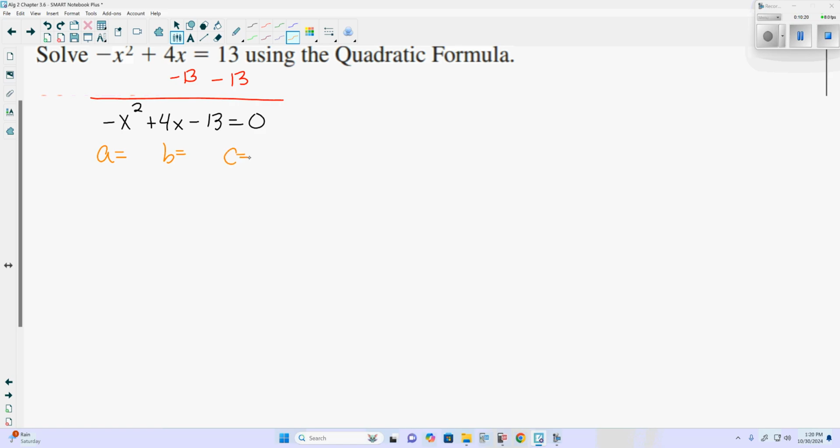A, B, C. A is -1 because we want the number in front of x squared. B would be 4, and C is -13.